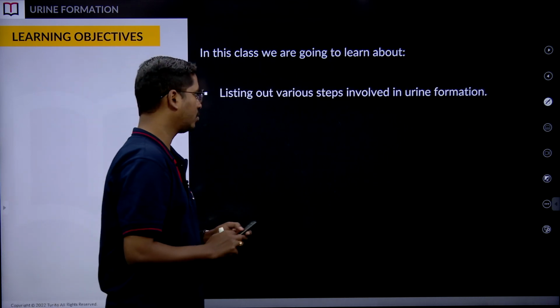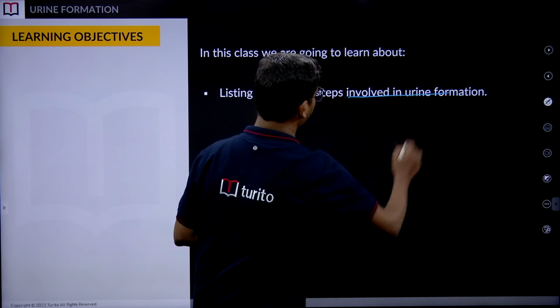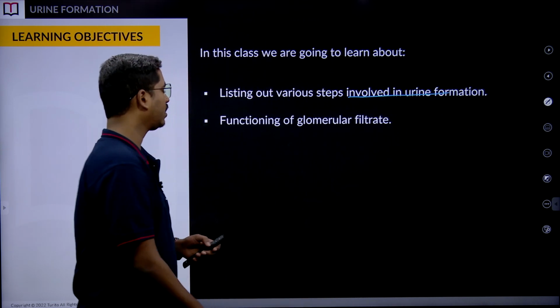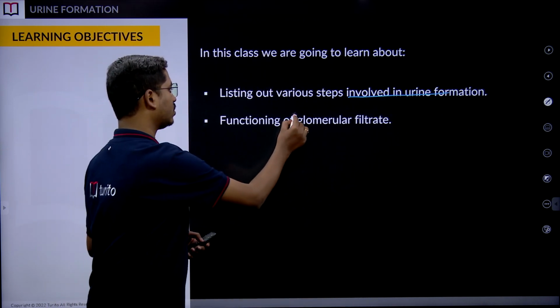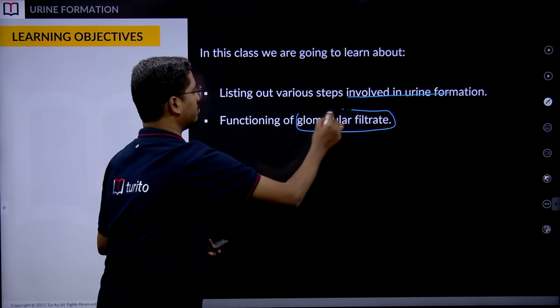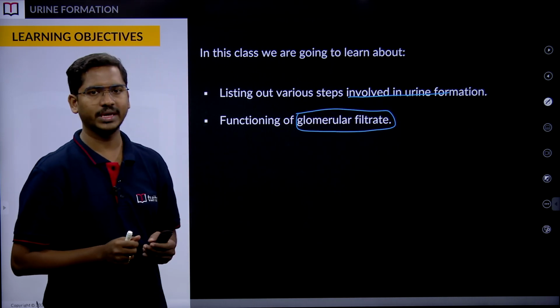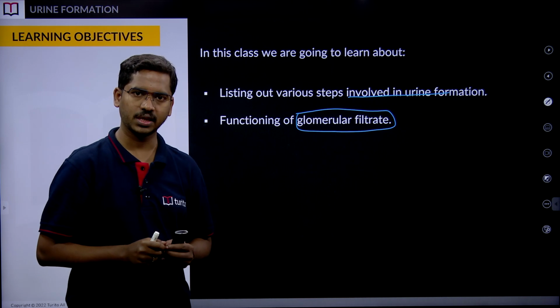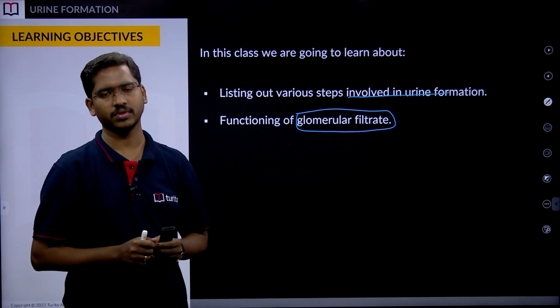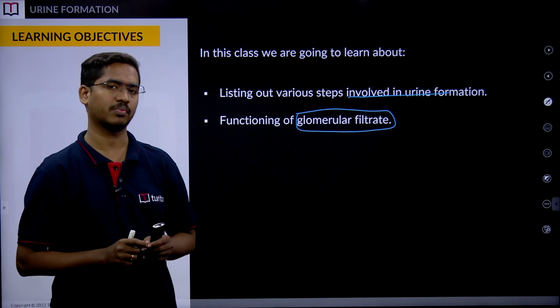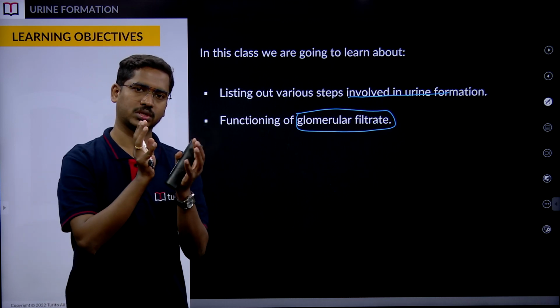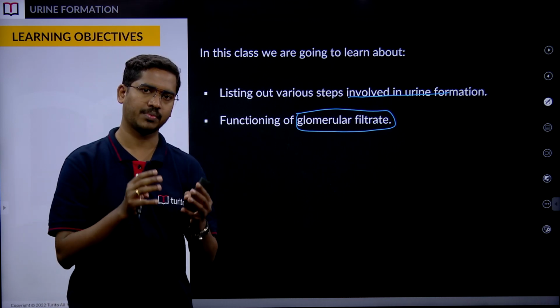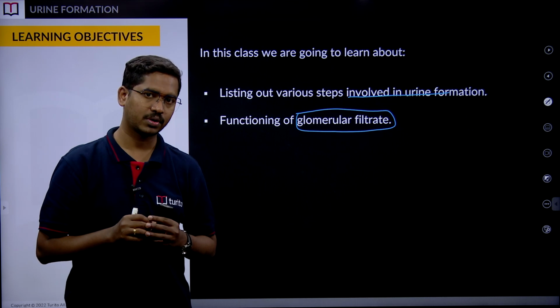We will list out the various steps involved in the urine formation process. After that, we will look into the functioning of the glomerular filtrate. In the nephron, we have seen the Malpighian corpuscle or renal corpuscle, the structure we know as Bowman's capsule holding the network of arteries.